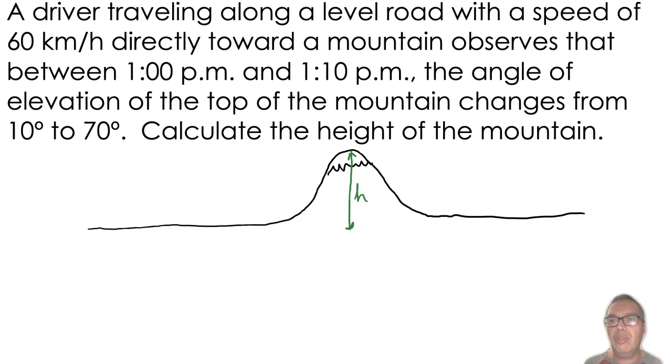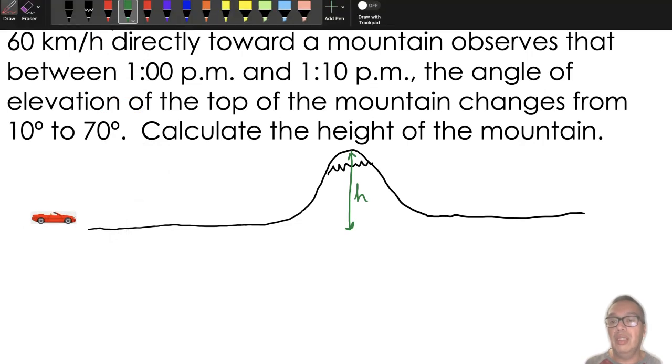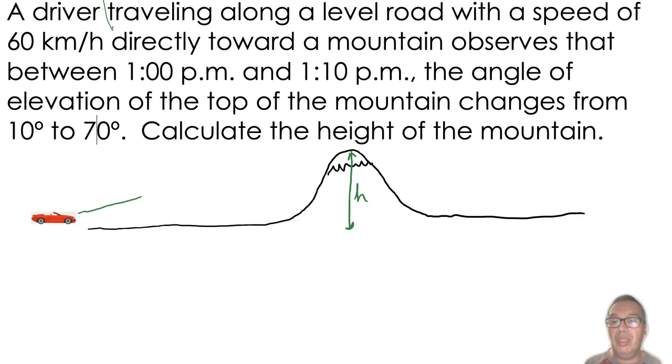And they also tell you that when the car is at a certain distance, the angle of elevation of this car towards the mountain has a value of 10 degrees. Remember, the angle of elevation is measured with the horizontal.